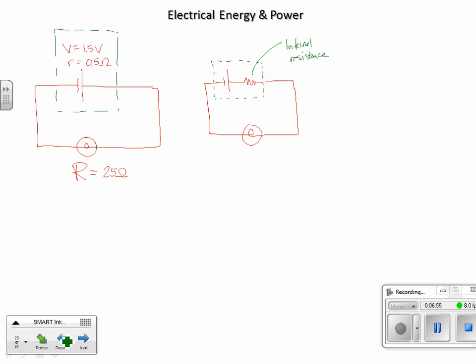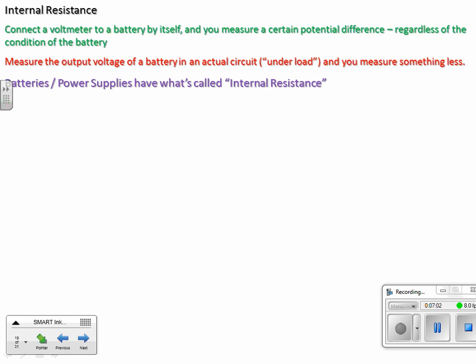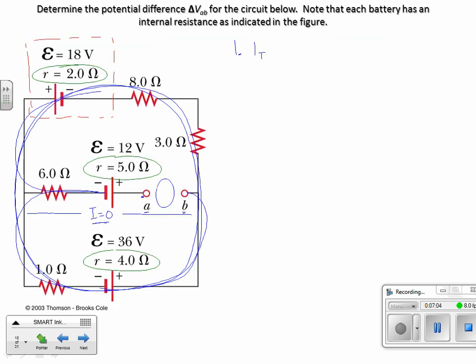All right, but the nice thing about it is when we see a case like this, and it tells us that there are some internal resistors in there, what we can do is redraw and just say, okay, fine.